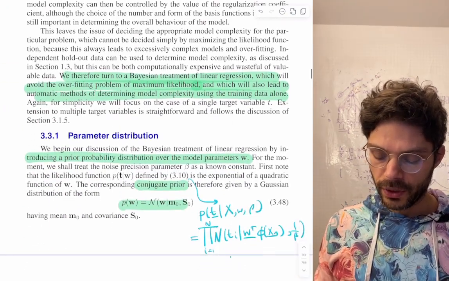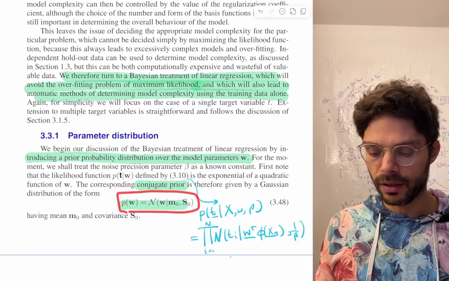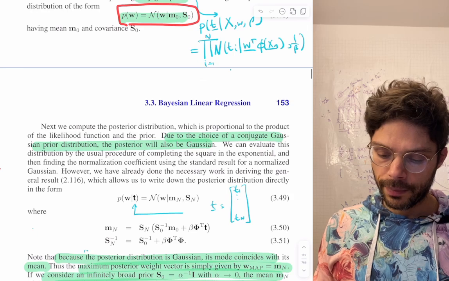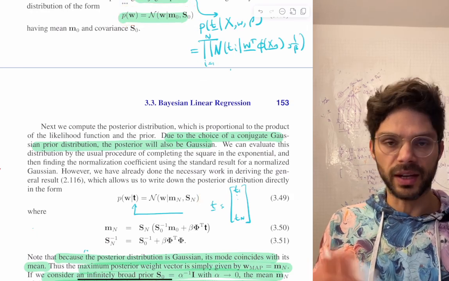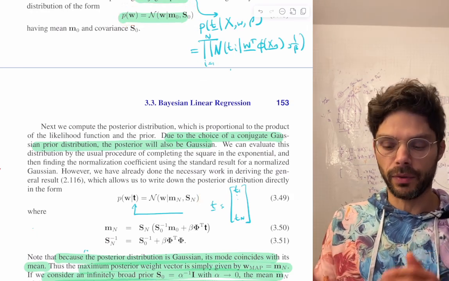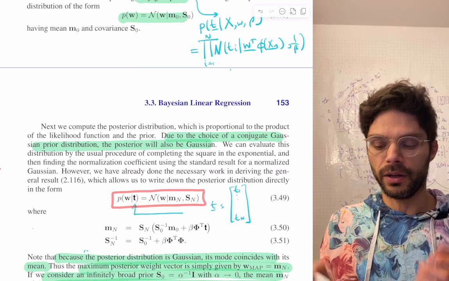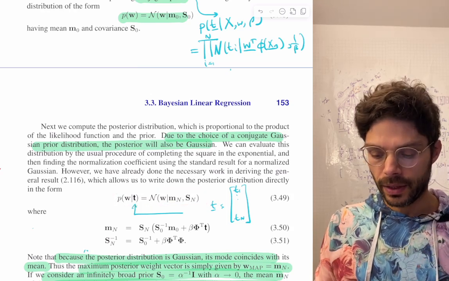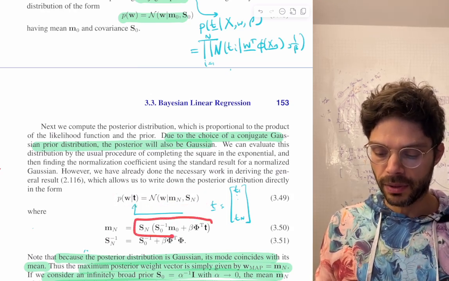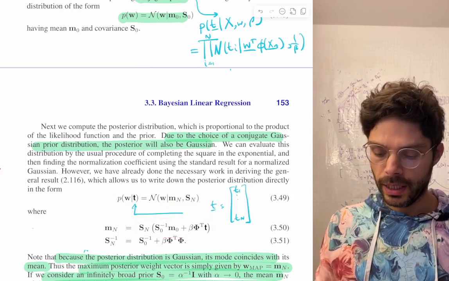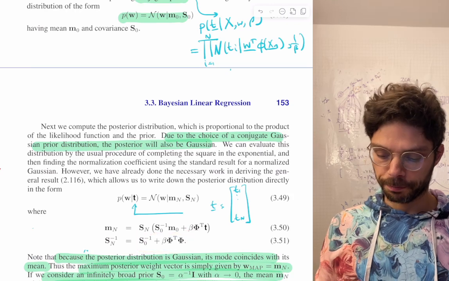Throughout, we essentially put a Gaussian prior on these weights, and given our model of the likelihood, how the weights produce the outputs, we end up with a posterior on the weights that is again Gaussian, but with an updated mean and covariance.